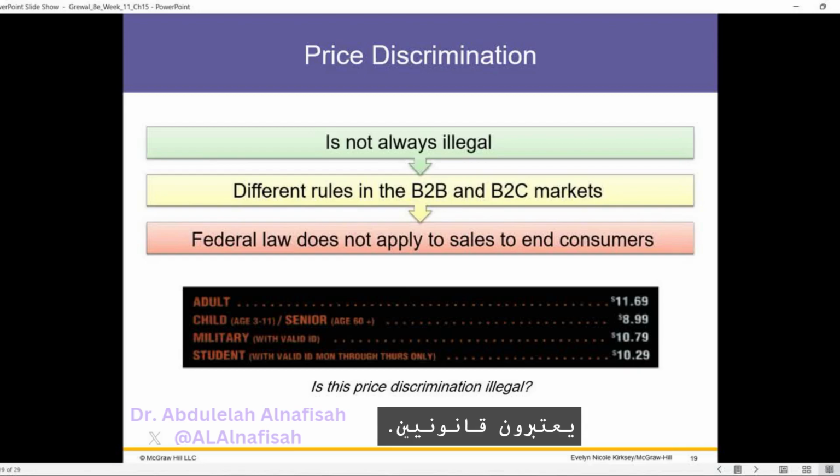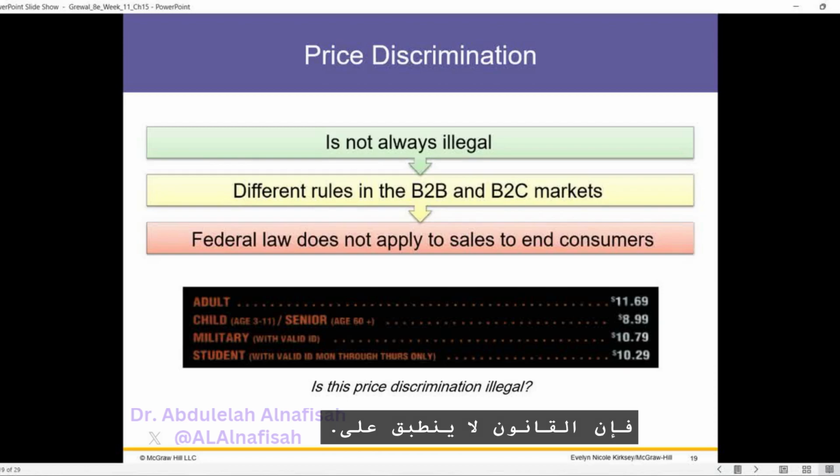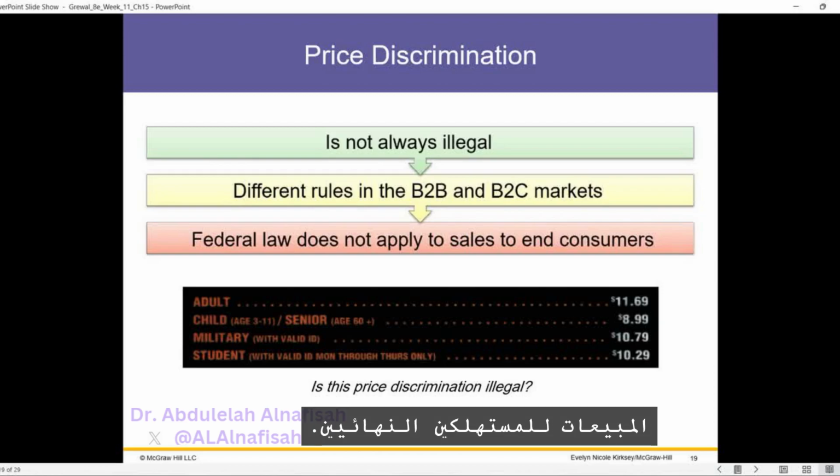They are considered legal. The Robinson-Patman Act primarily applies to sales between manufacturers, wholesalers, and retailers, and it prohibits price discrimination that harms competition. However, the Act does not apply to sales to end consumers.